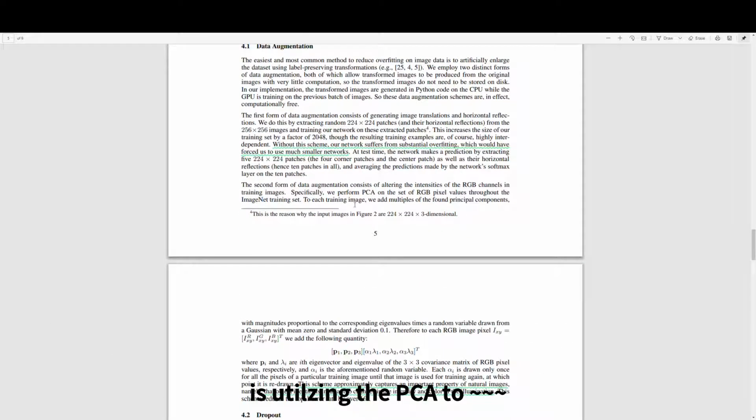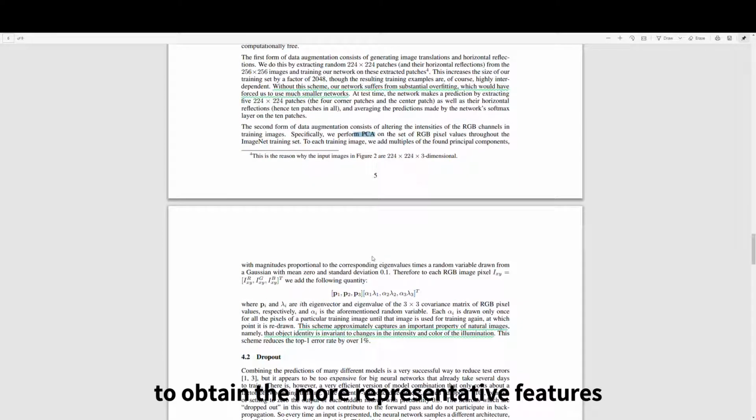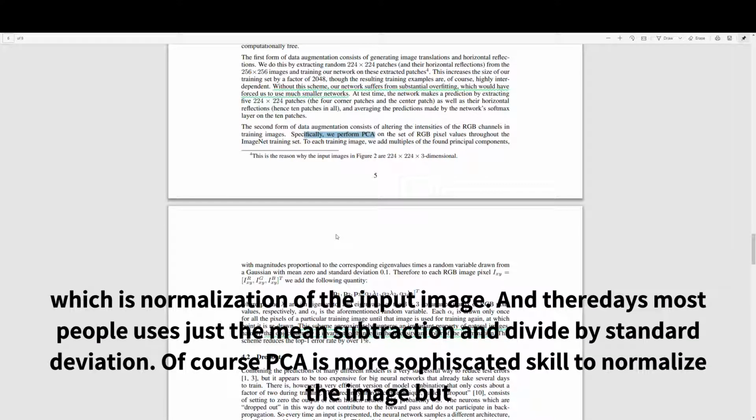And the second one is utilizing PCA to subtract the main data distribution axis value, the mean value, to obtain more representative features before putting the input into the network. This is not used anymore, but it is similar to normalization of the input image.